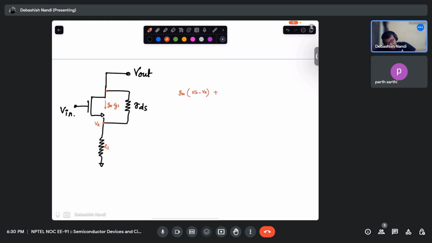Plus, there will be a certain current flow in this branch. If I do the pure maths, this is my V out, this is my Vx. So current in this branch would be (V out minus Vx) over RDS. That will be equal to this current out. If I apply KCL at this node, that should be Vx minus 0 over Rs.